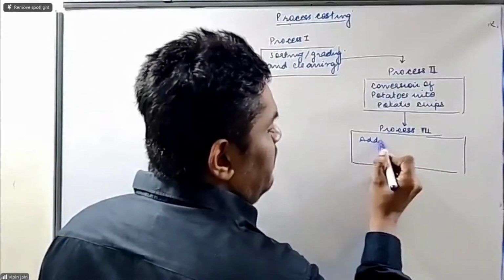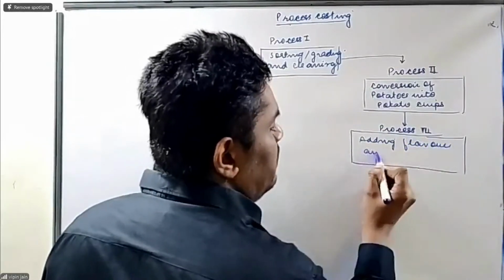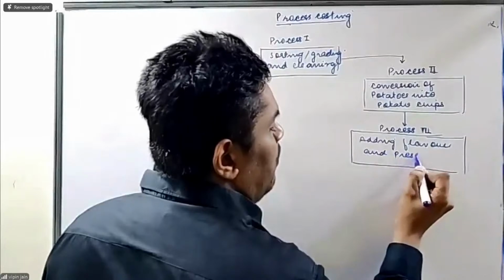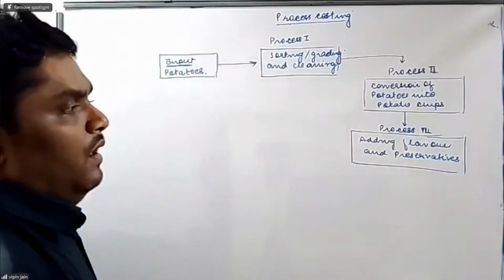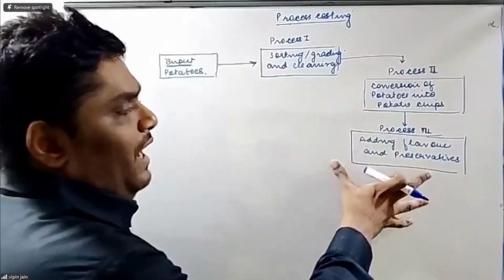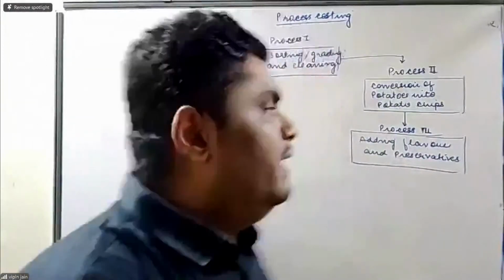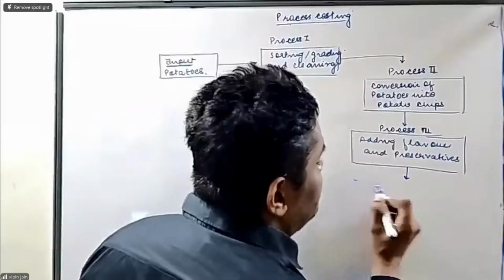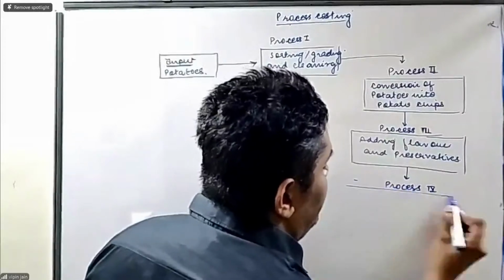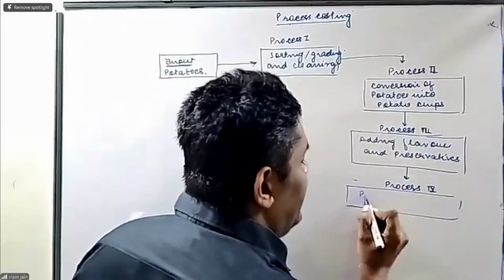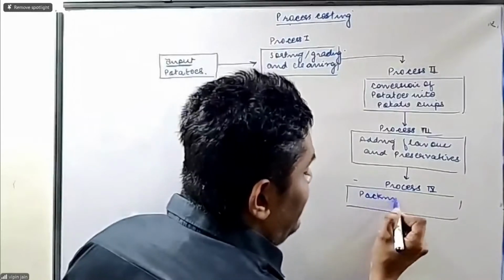Once the flavors and preservatives are added, let's say my final chips are ready and they are transferred to the next process, wherein they are packed in various packets. So we can say packing and finishing.